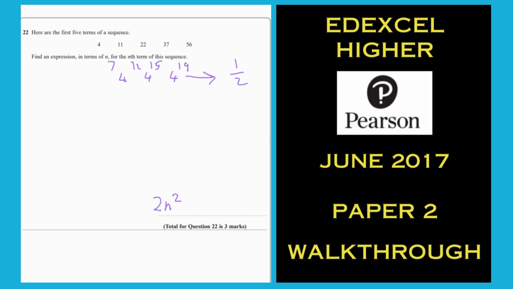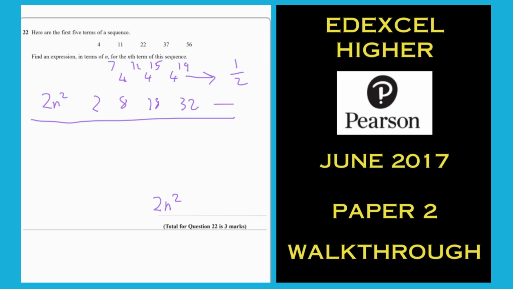Then you have a look at what your 2n squared sequence looks like. In other words, square numbers doubled. So 2, 8, 18, 32, could carry on but can't be bothered.